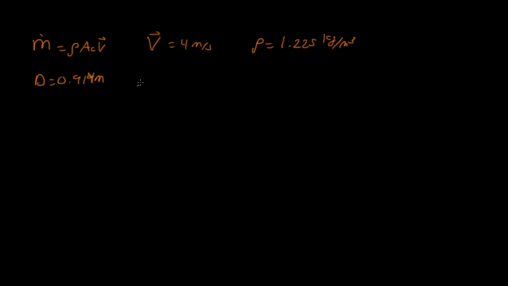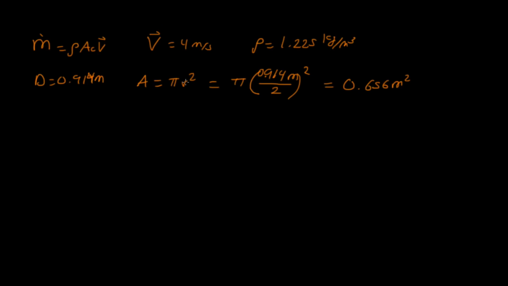Okay, so my area is going to be pi r squared, which is equal to pi times 0.914 meters on 2 squared. And this gives me 0.656. The meters get squared, so this would be meters squared, which are the units for area, so this makes perfect sense. Okay, so I have velocity, that's done.